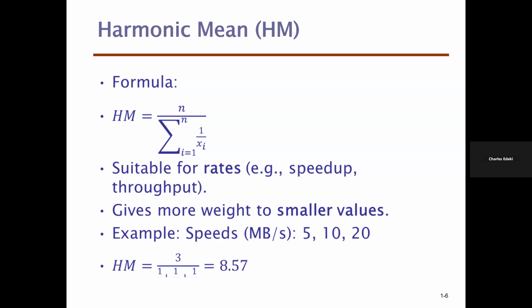So that's why in the formula below you can see we are using 3 over 1, 1, 1, because n is the number of, in this case, the speeds. So that's why here we have 3 and each 1, 1, 1.